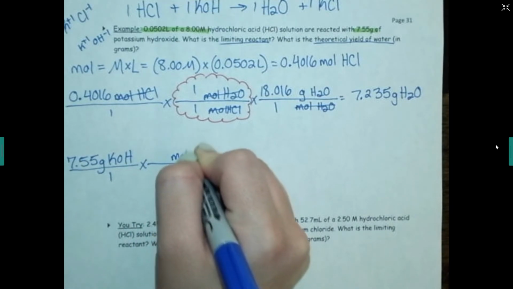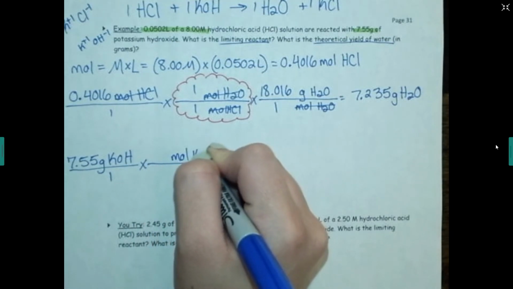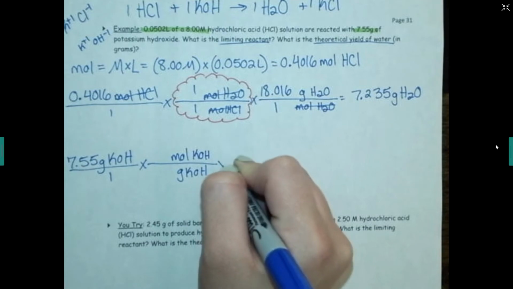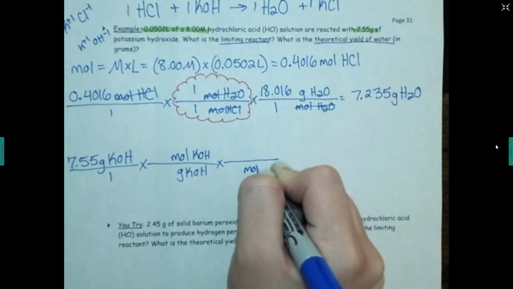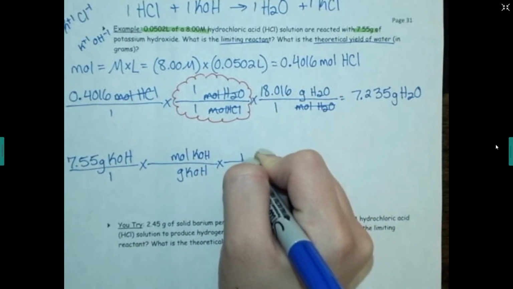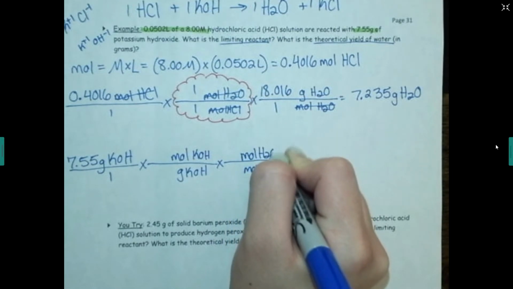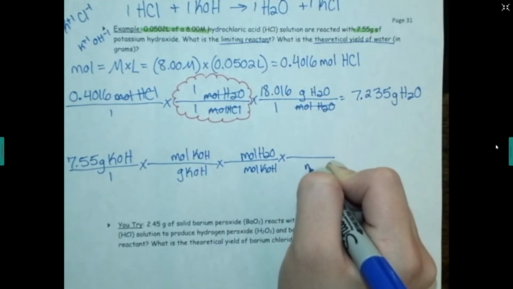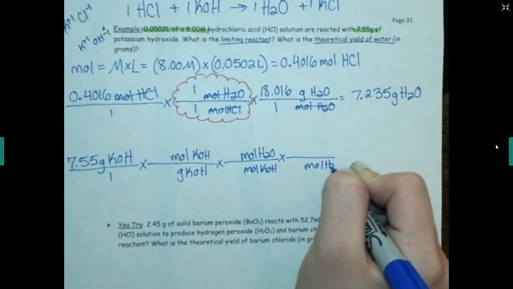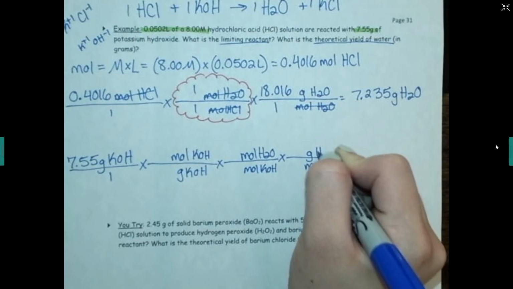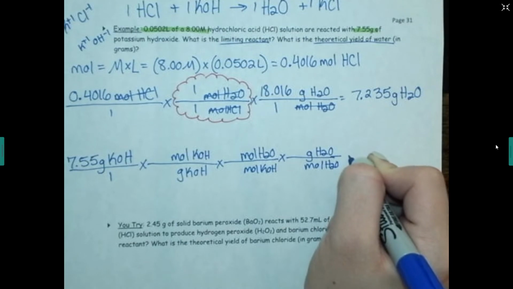So first we have to take those grams and convert them to moles. And then we can do our mole ratio where we go from moles of KOH to moles of water. And then we'll go to grams of water so that we can compare it to the grams of water right here.